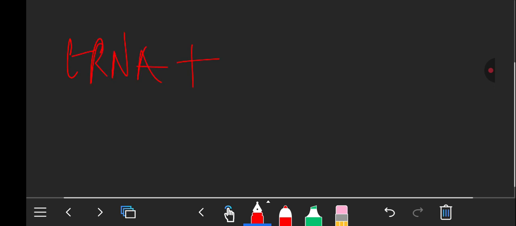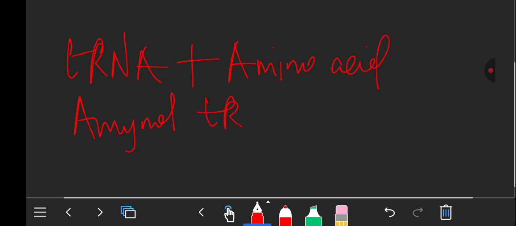That complex is the one which we call the aminoacyl tRNA complex.